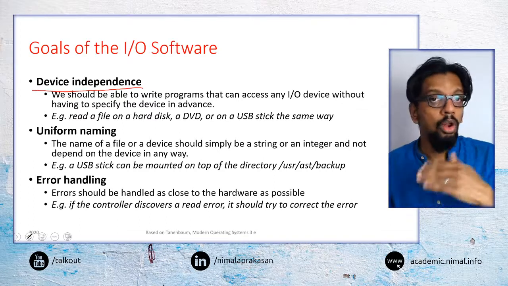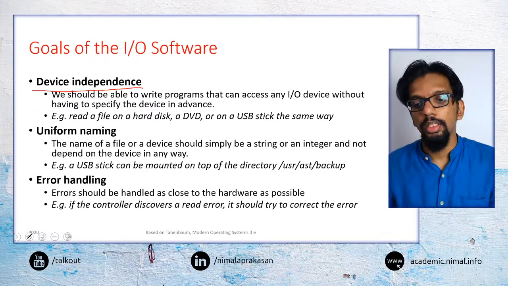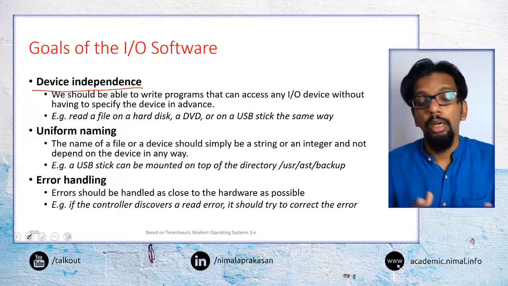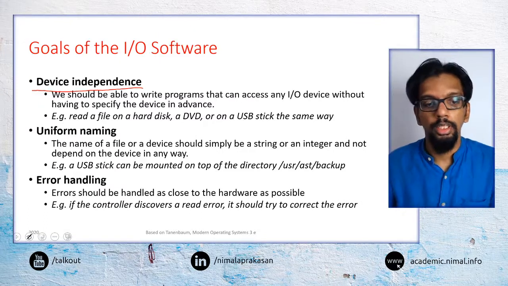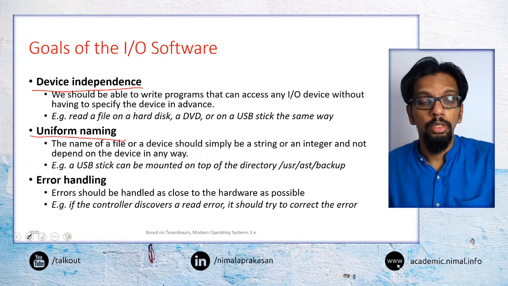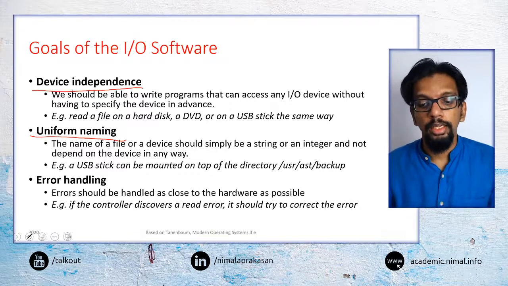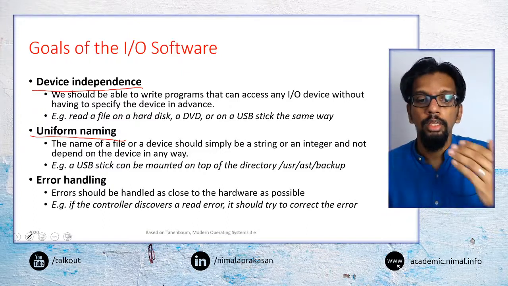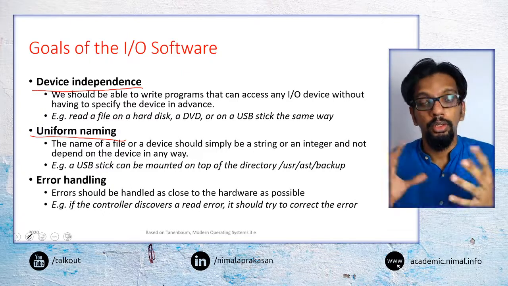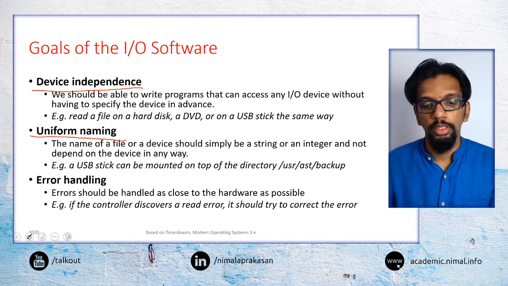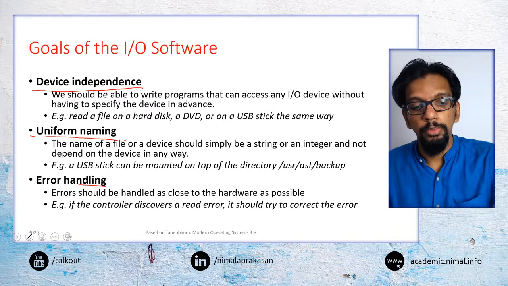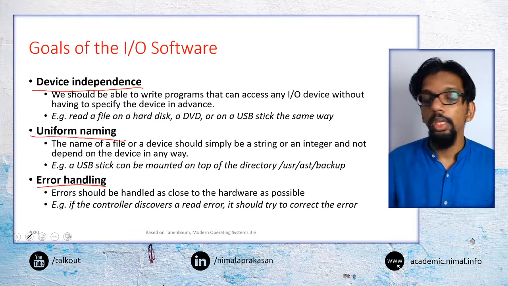Then across different types of devices, when they are internally represented, we would prefer to have some uniform naming conventions. This is again to make it easier for us to identify the differences and commonalities across these devices. And we would also expect these devices to do error handling.